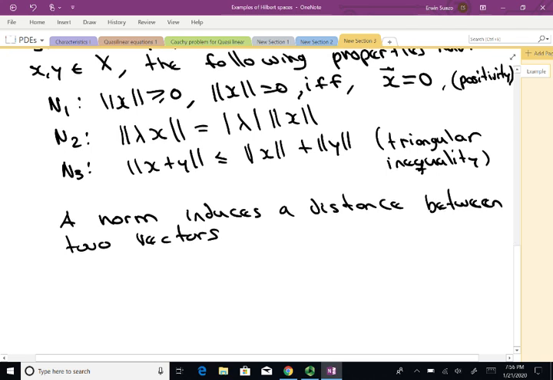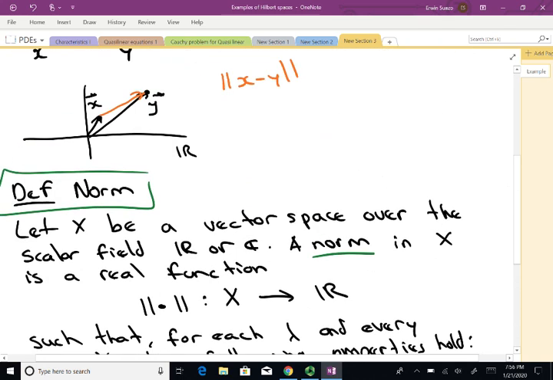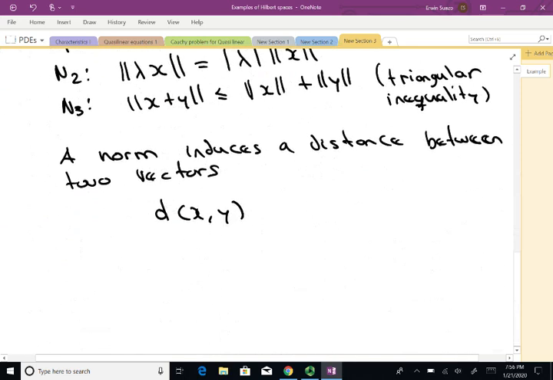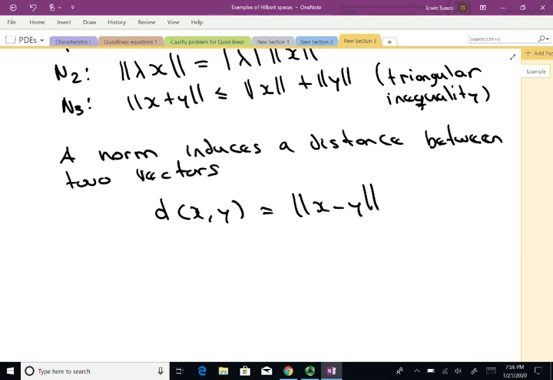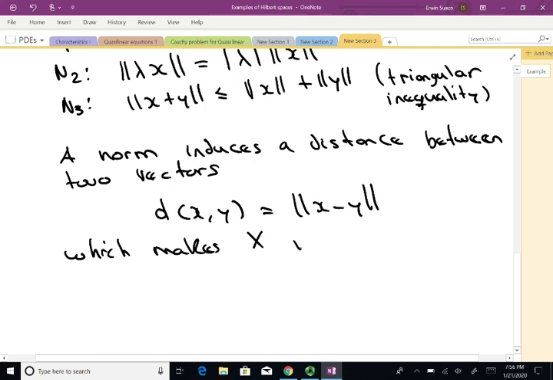As I said, the distance between x and y is going to be the norm of the difference x minus y, and that's going to be a distance, okay? And that makes X into a metric space.